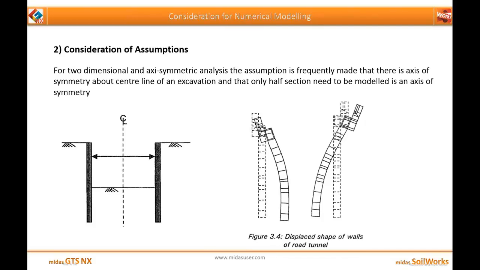In the right hand figure, this is the displaced shape of the walls of a road tunnel, which, if considered to be axisymmetric, could lead to absurd results for both the walls. So you should always consider the criticality of your assumption whenever you are going for 2D modeling.